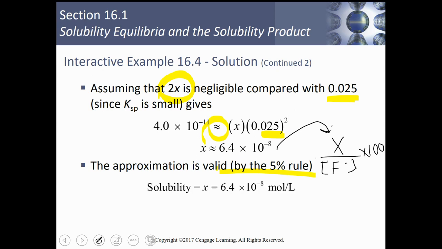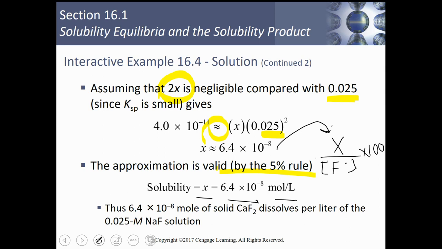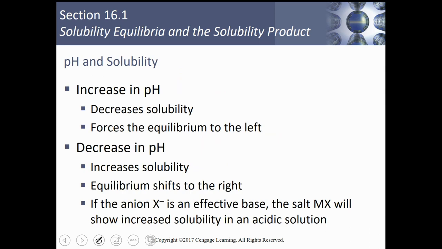It should be under that 5%. So your solubility, or your X value, is equal to 6.4 times 10 to the negative 8 moles per liter. If you did this without that common ion, you would get a greater solubility because you don't have that ion in solution affecting the equilibrium.